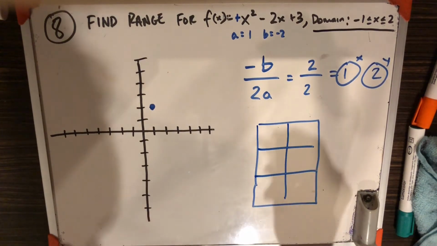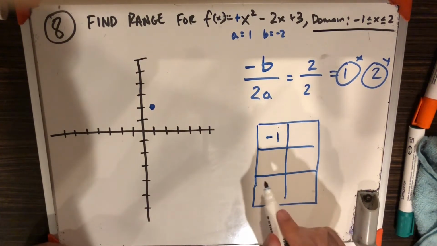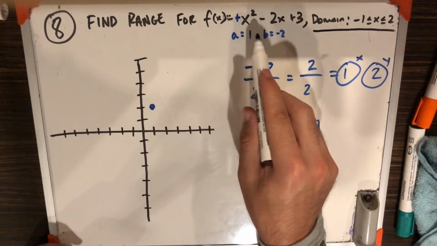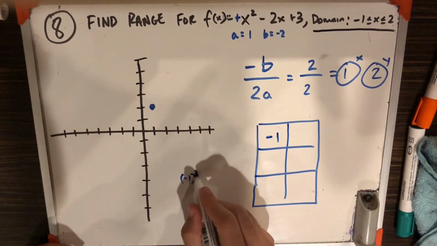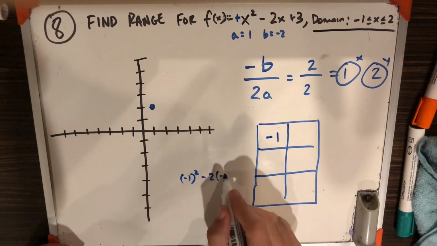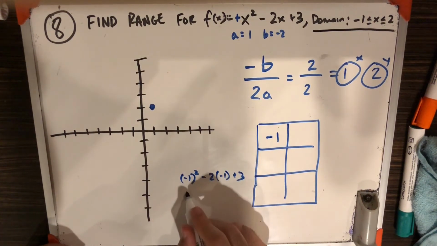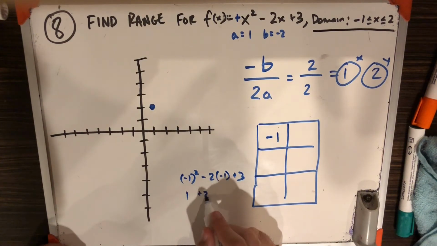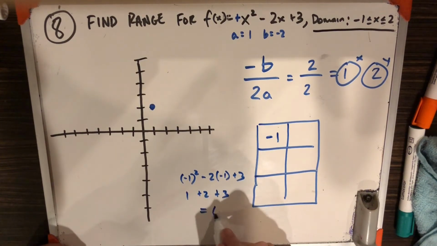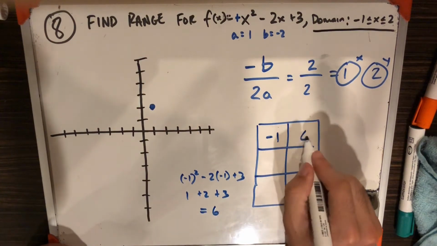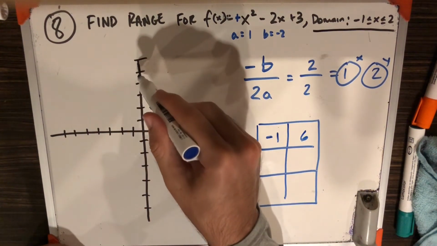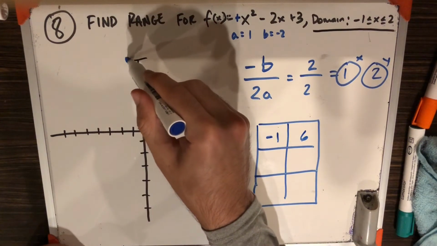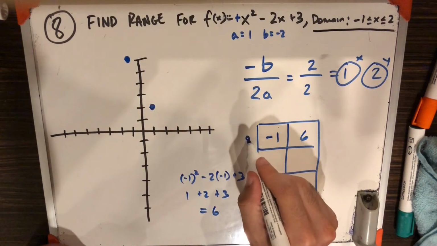So let's go ahead and plug in negative 1. When we plug in negative 1 into this, that's negative 1 squared minus 2 times negative 1 plus 3. 1 plus 2 plus 3 ends up being 6. Okay, so negative 1 and 6. 1, 2, 3, 4, 5, 6. Again, that's a closed circle.